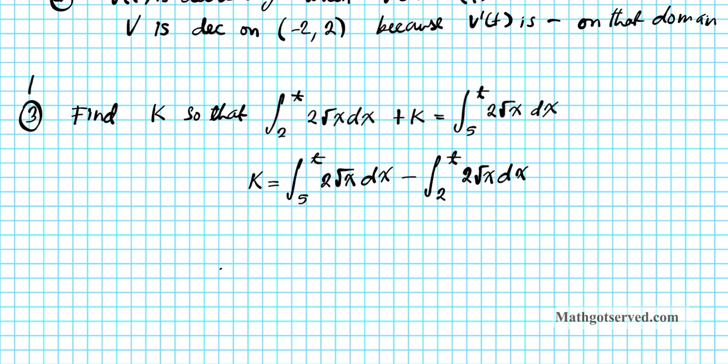Now in order for us to stitch these two integrals together, we have to make sure that the upper limit of one corresponds to the lower limit of the other. We can clearly see that that's not the case here. So on this integral, we can switch this around using the order of integration rule. So this becomes the integral from 5 to t of 2 root x dx.